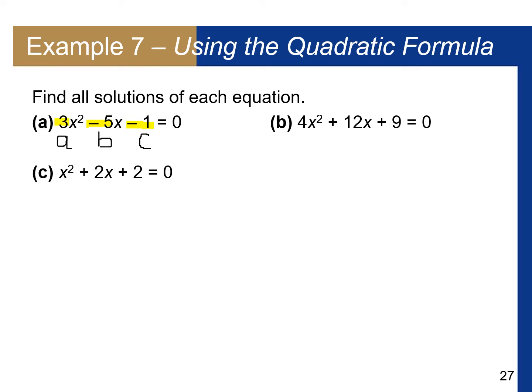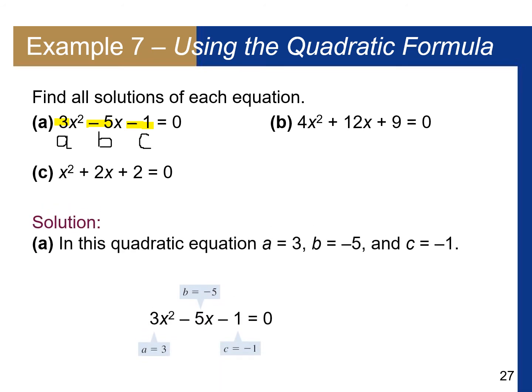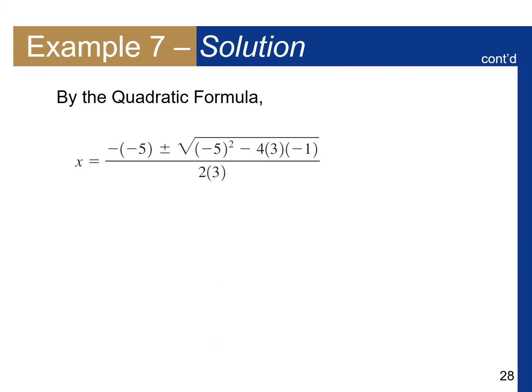So this would be 3, this would be negative 5, and this would be negative 1. Then we take those values and plug them into our quadratic formula. X equals negative b plus or minus the square root b squared minus 4ac all over 2a. And then simplify.